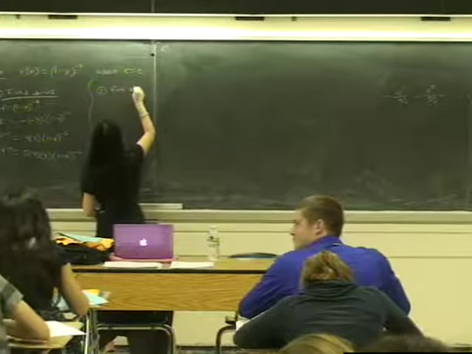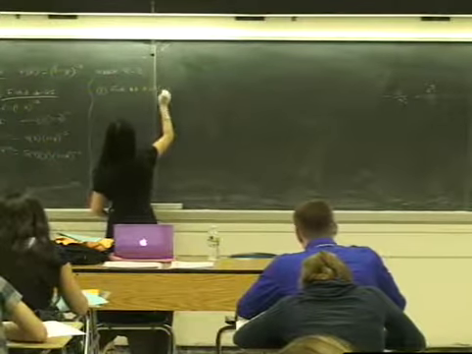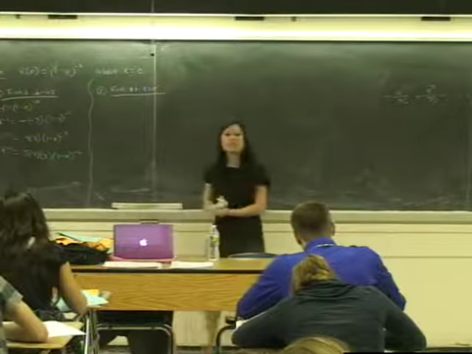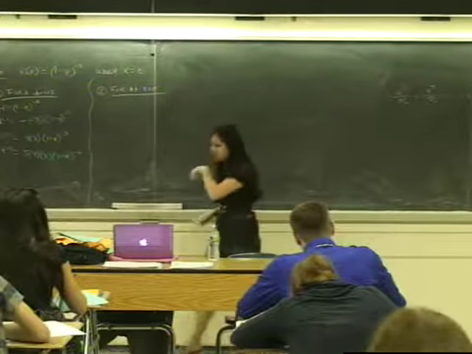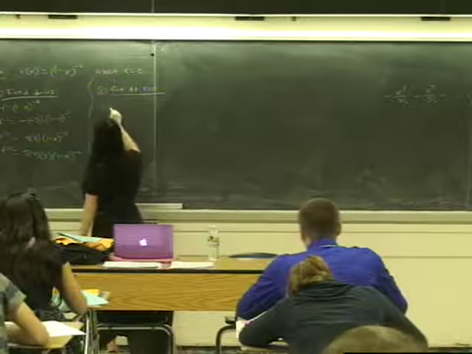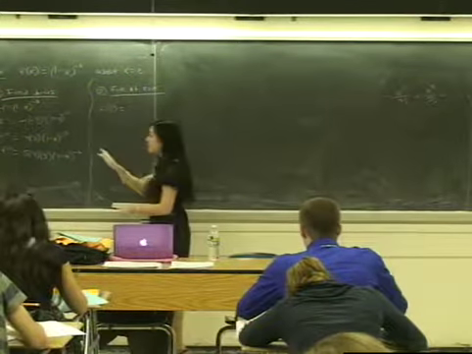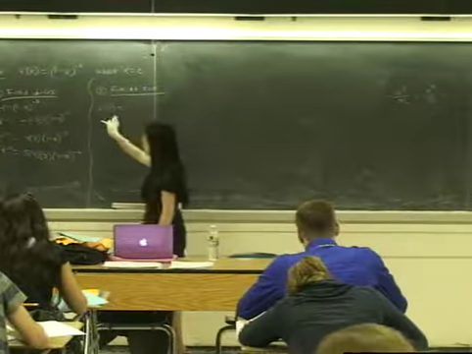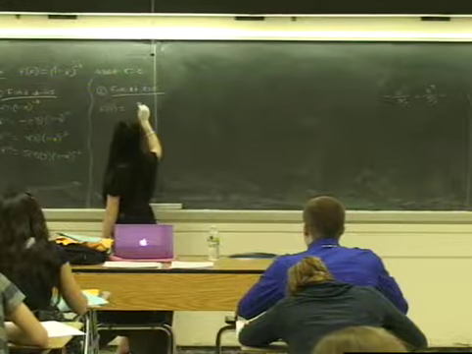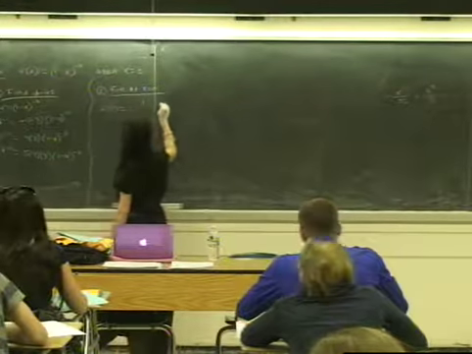So now we evaluate at the center, which is x equals 0. So f of 0, I plug in, and I have 1 minus 0, so 1 raised to the negative 3, which is just 1.